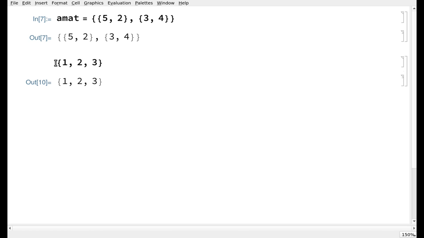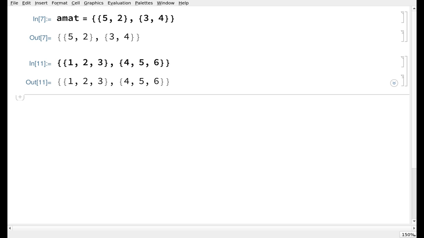Okay, so this is a list of numbers. If you want a list of lists, you could do something like 1, 2, 3, comma, 4, 5, 6. So now this is a list of 2 lists, right?